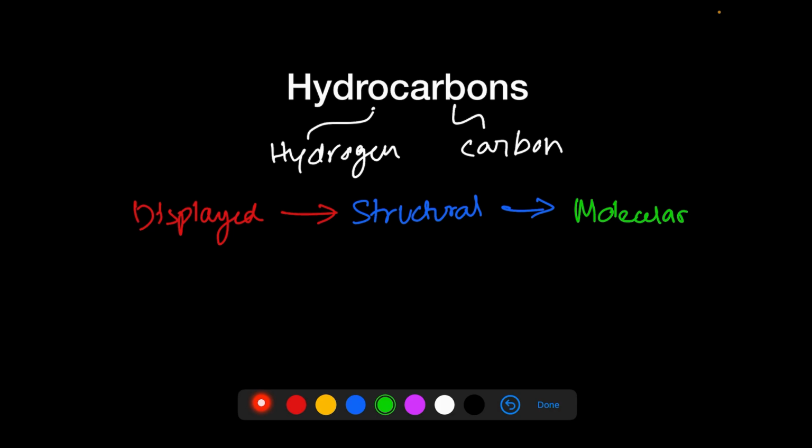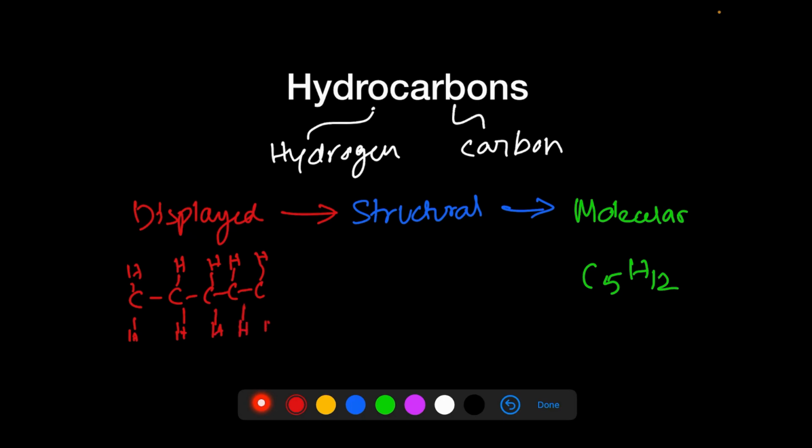So let's say we are drawing C5H12. Our displayed formula would show 5 carbons and 12 hydrogens.